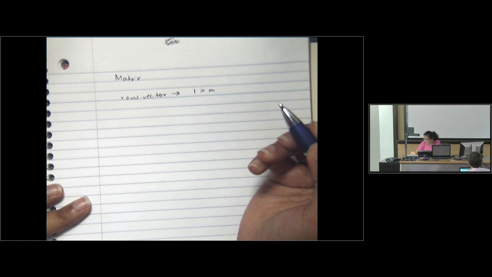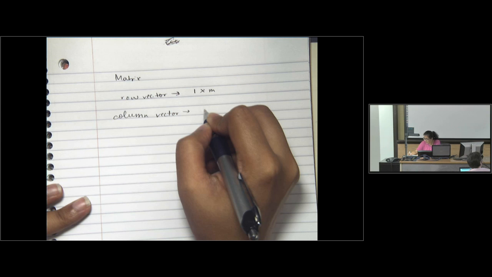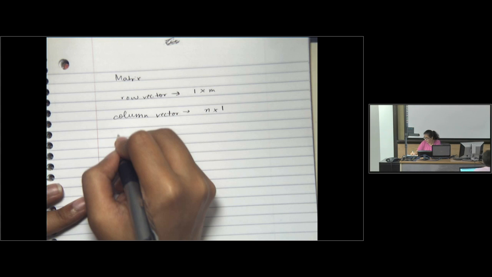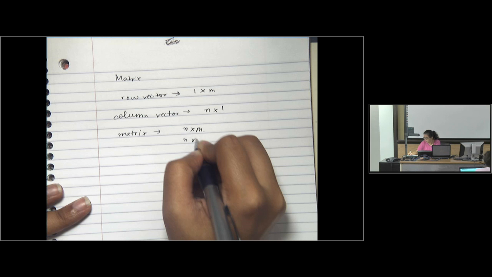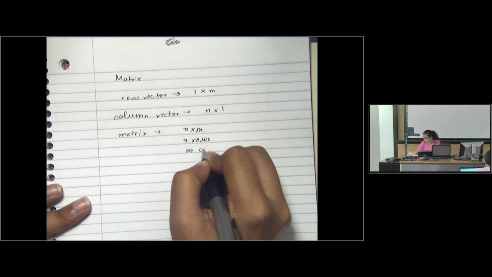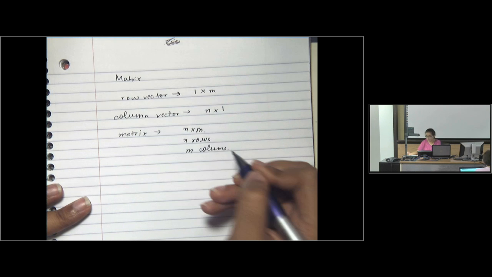Okay? A column vector will have n rows and 1 column. Okay? And a matrix will be n by m. N rows, m columns. Okay?